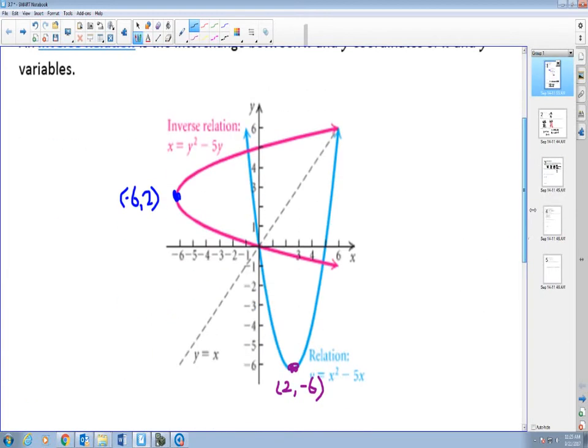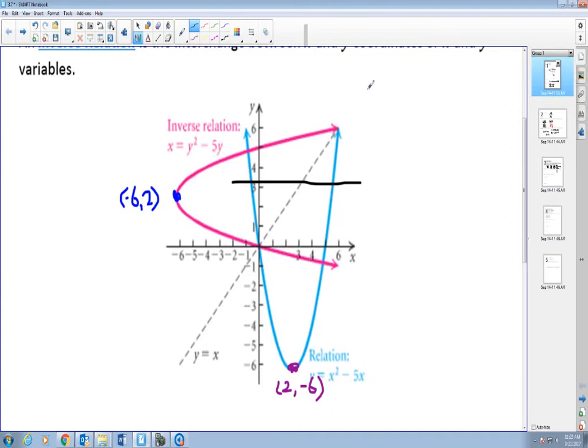If I go back here, the blue parabola is a function if I use a vertical line test. But if I draw a horizontal line, that tells me that it is not a one-to-one function.